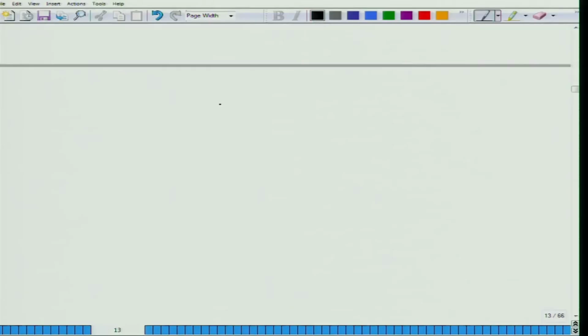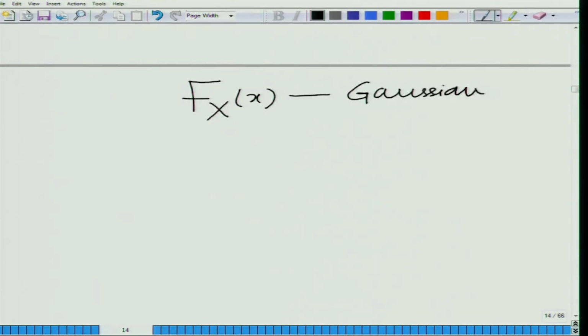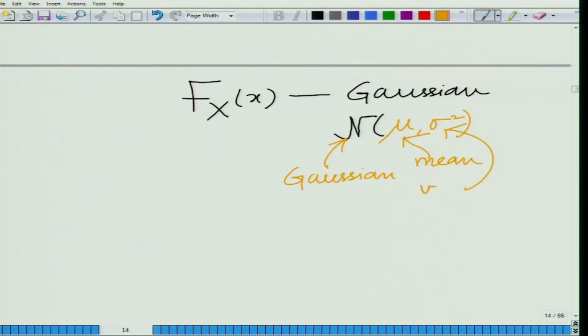The source PDF f of x can be Gaussian, with mean mu and variance sigma square.